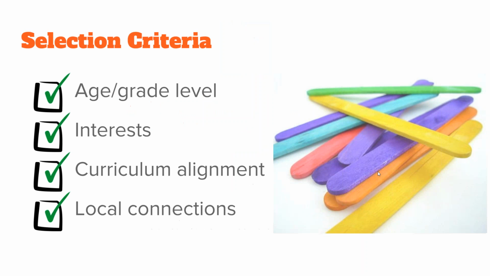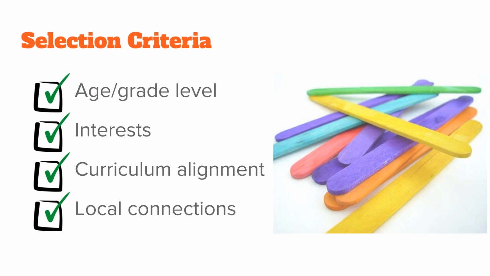So diving right in, I did want to take a second just to get everybody thinking about selection criteria when it comes to sifting, sorting and filtering through the plethora of activities that are out there.